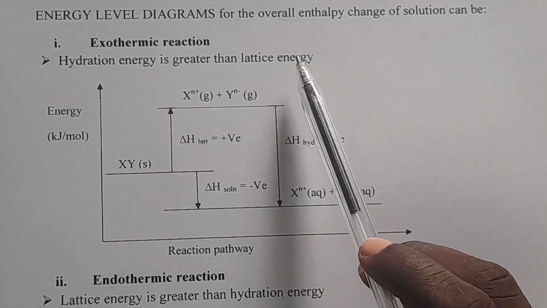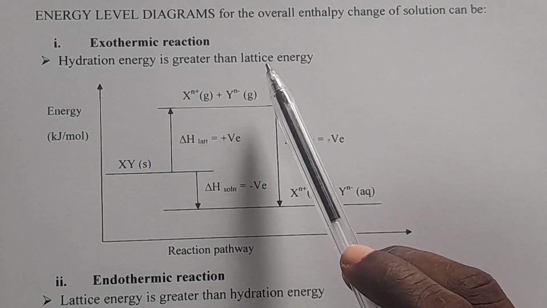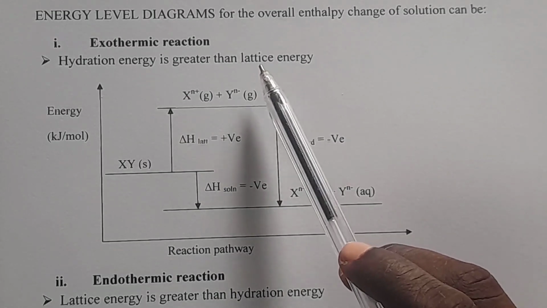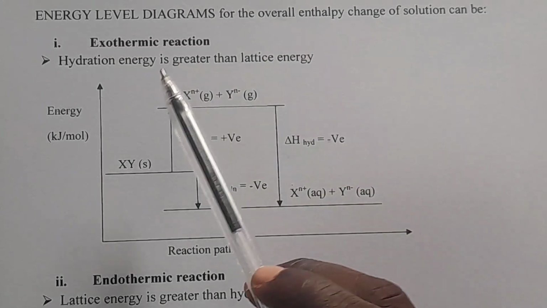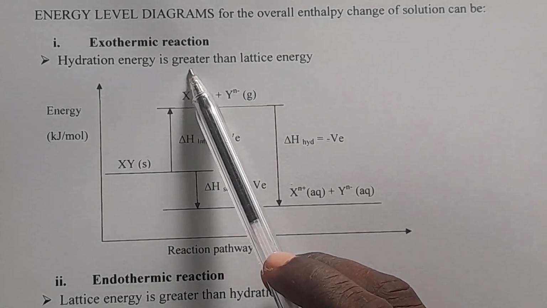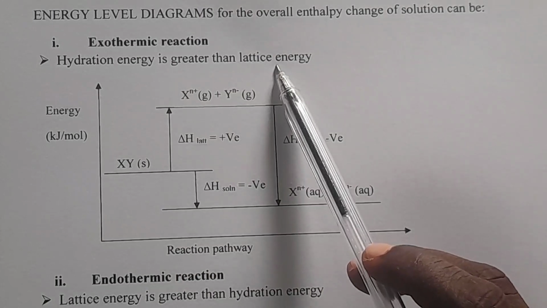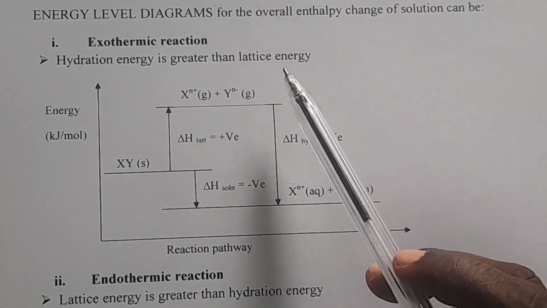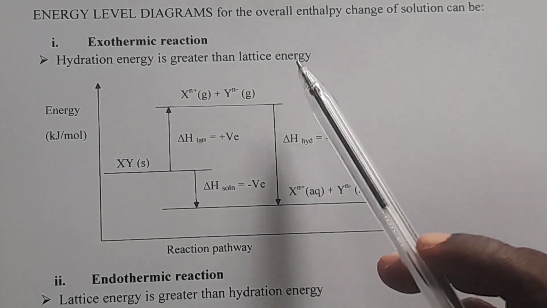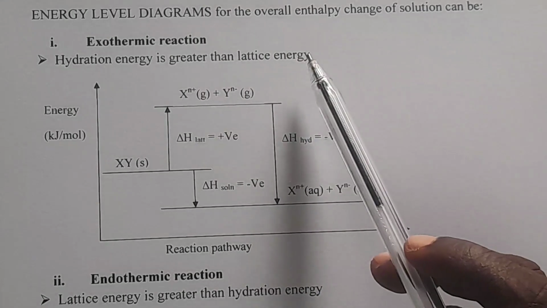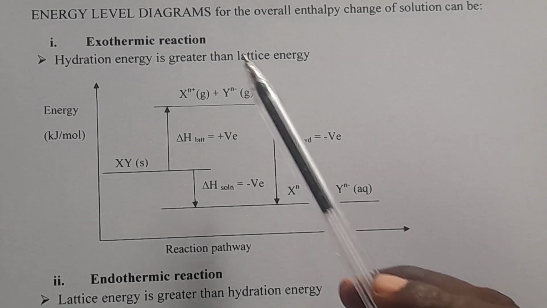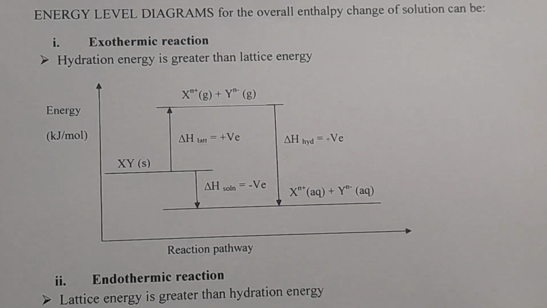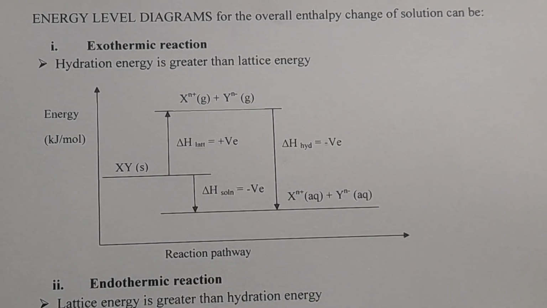For example, if you are calculating the heat of solution and you get a negative enthalpy change, that means the hydration energy was greater than the lattice energy. That's why you got a negative enthalpy change, and that's why the heat of solution became an exothermic reaction. Because during the exam you can be told to draw the energy level diagram for the above change.